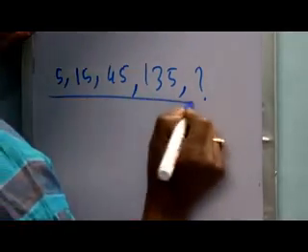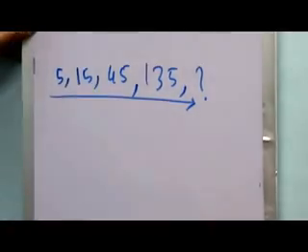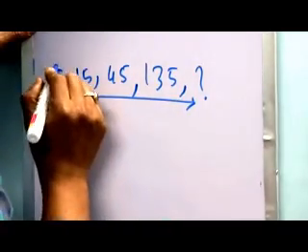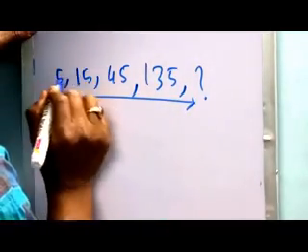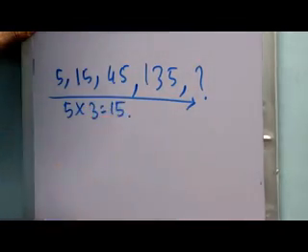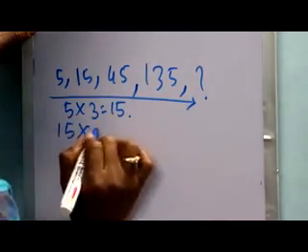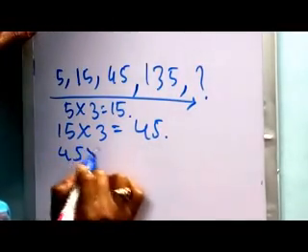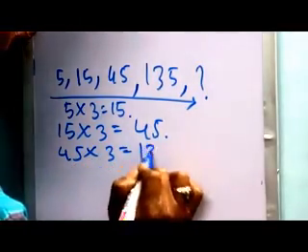Similarly, from left-hand side to right-hand side, what is the relation between 5 and 15? It's 5 into 3 equals 15. Similarly 15 into 3 equals 45. Similarly 45 into 3 equals 135.